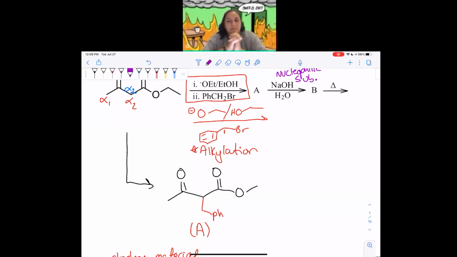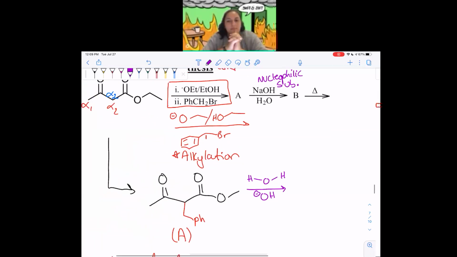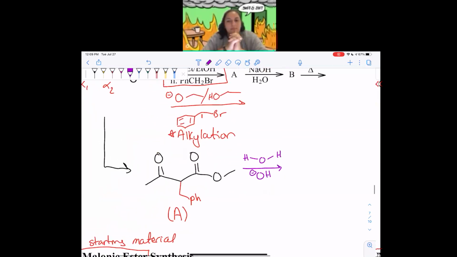All right, so in this next step, we said that we're doing some kind of nucleophilic substitution, right? And we know that for a nucleophilic substitution, we're going to take the nucleophile. I'm sorry, the palm rejection is so bad. So we're going to label the leaving group. This is the only leaving group in our molecule.